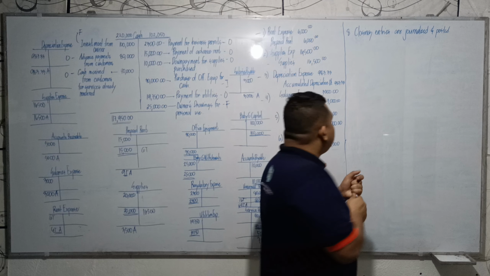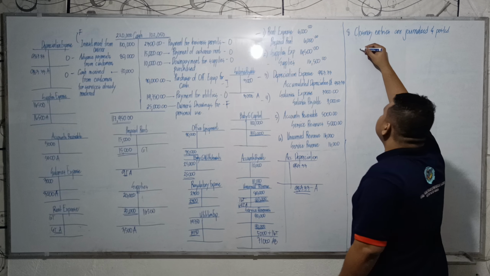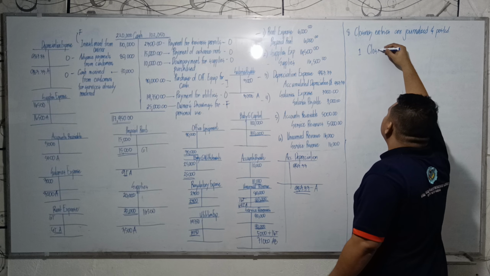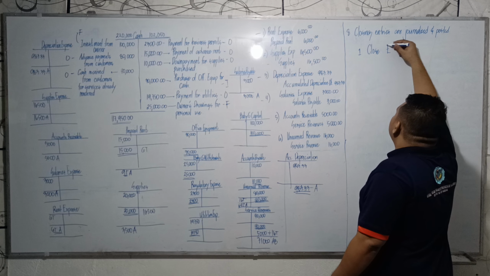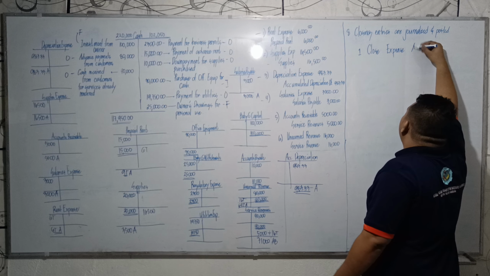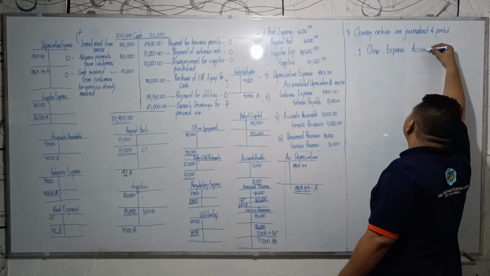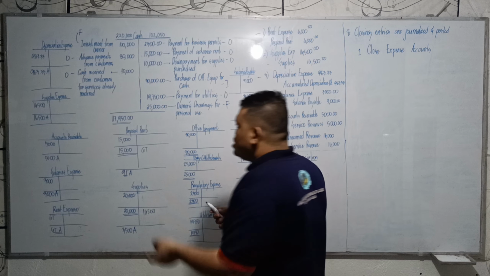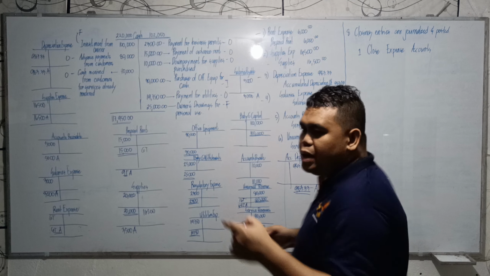So there are steps in this. Step 1, the first one is to close expense accounts. So how do we close the expense accounts? We have here a lot of expenses: the supplies expense, depreciation expense, salaries expense.